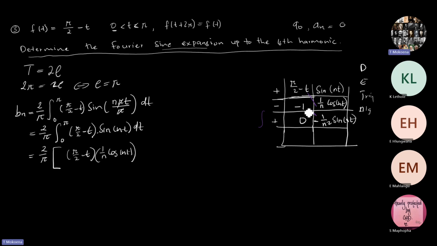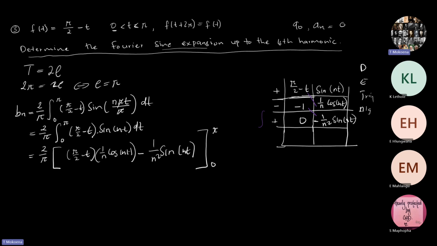And therefore, negative multiplied by negative is positive. Then by negative, it's another negative: negative 1 over n squared sine nt, square bracket. And then our bounds: pi is our upper bound, and our lower bound is going to be 0. I hope we are still following.